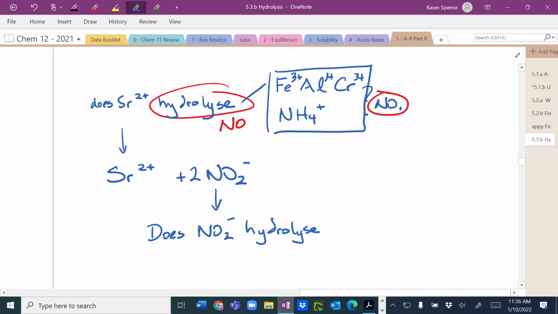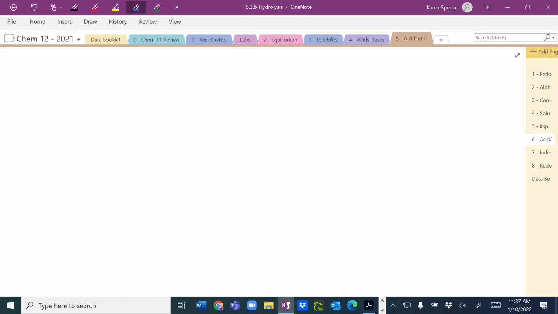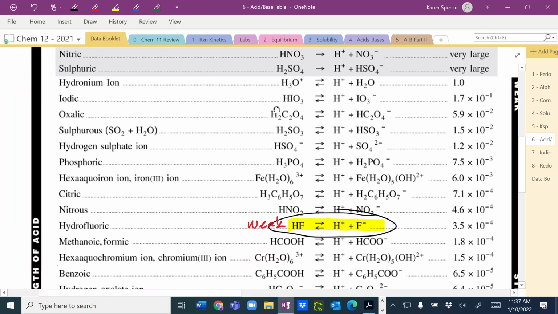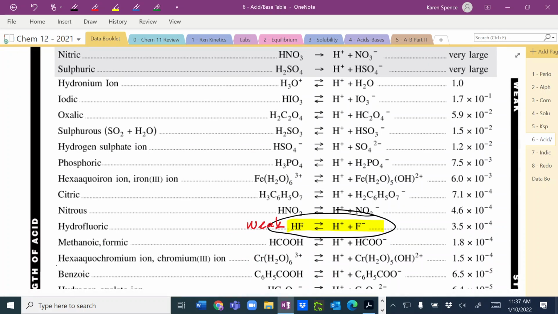We ask if the conjugate acid is strong or weak. And if we go and look up HNO2, there we go. 4.6 times 10 to the minus 4. That is a weak acid.